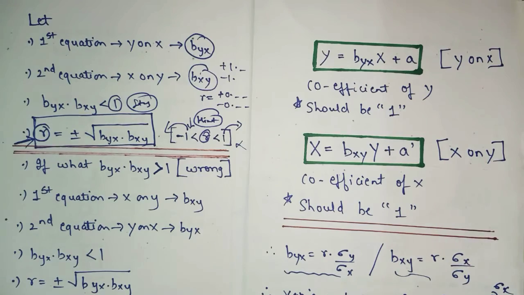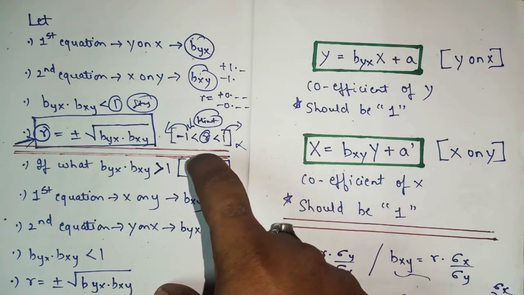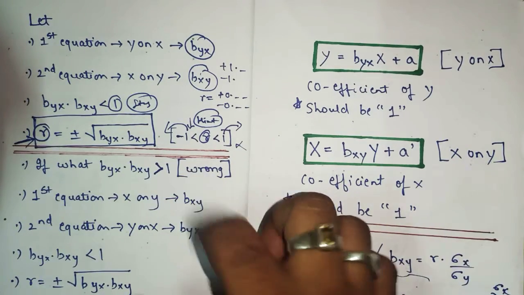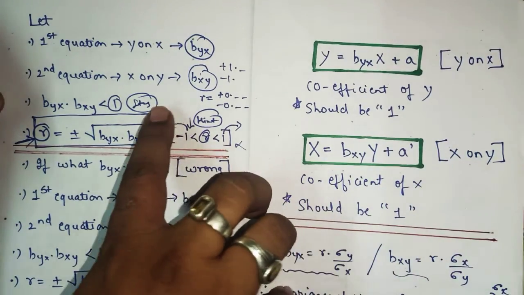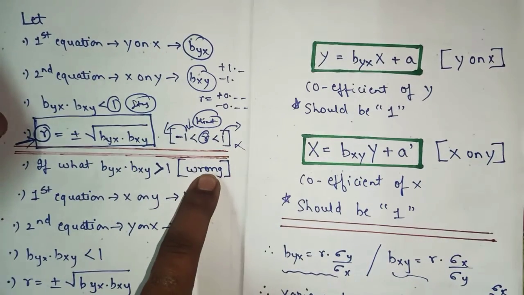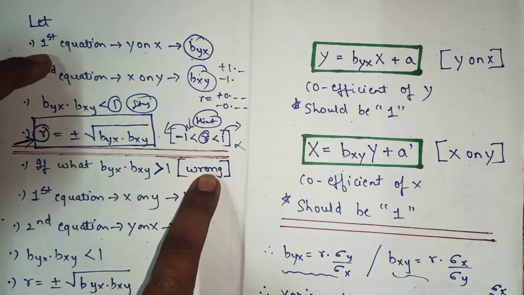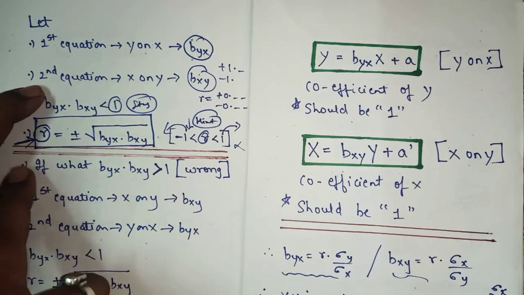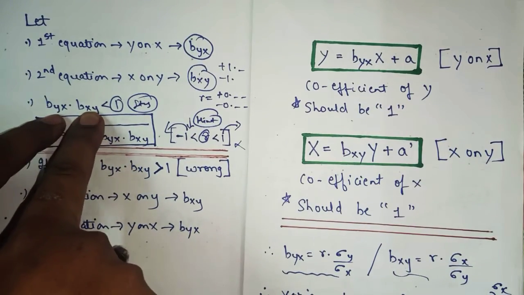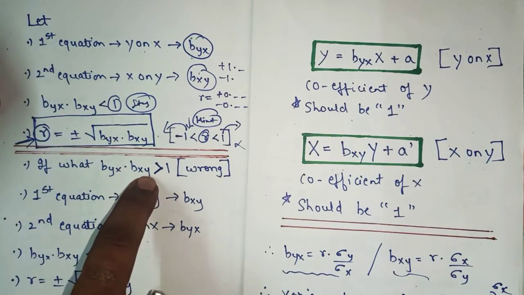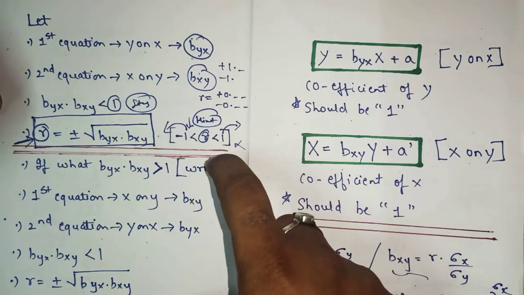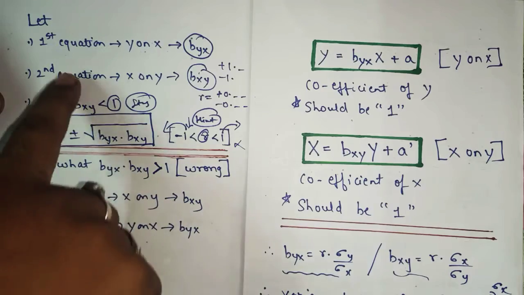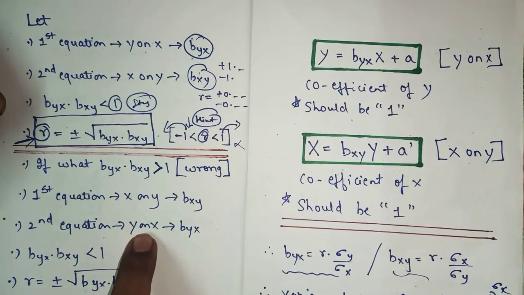Now in this lecture we're going to see case 2. We'll consider this as case 1 and this as case 2. Now what is case 2? If our assumption is wrong of considering the first equation as y on x and second equation as x on y, so if the product of these two is greater than 1, then in the second case what we will do, we'll consider the first equation as x on y and second equation as y on x.